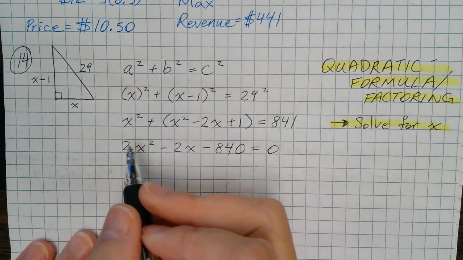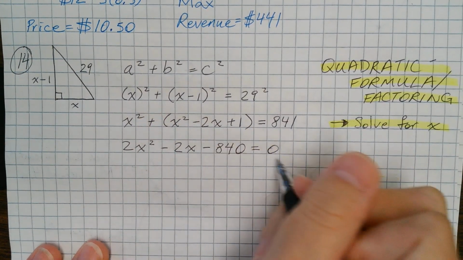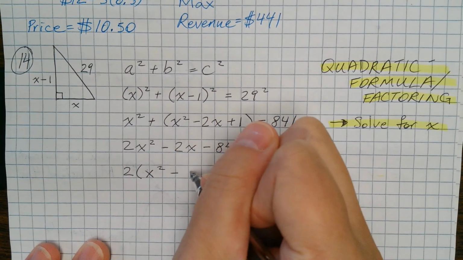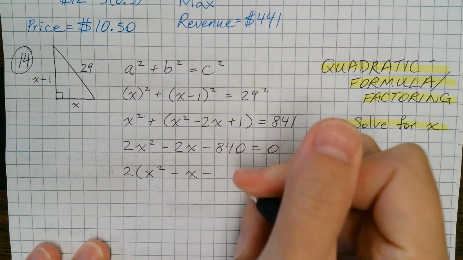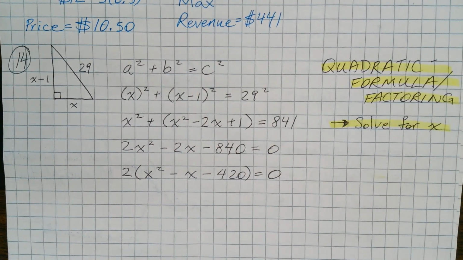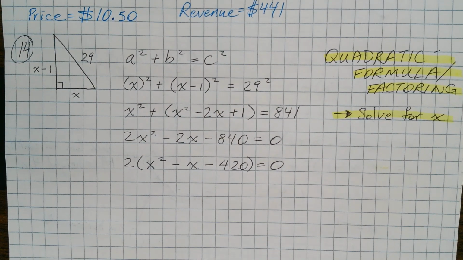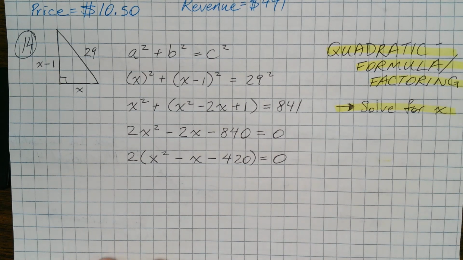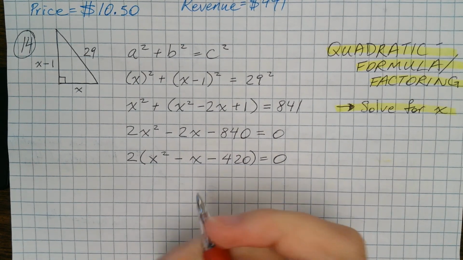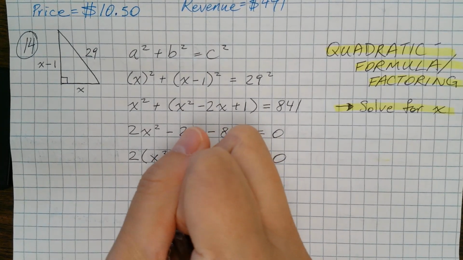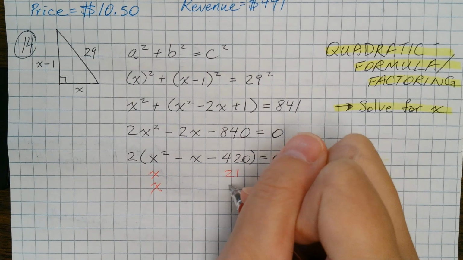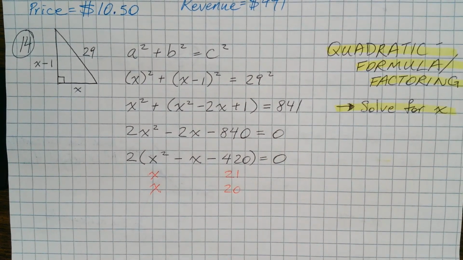Okay. So looking at this, I can factor out the 2 first. x squared minus x minus 420. And then looking at this, it's a trinomial with just x squared. So I can do x, and then 21 times 20 actually gives me that 420.